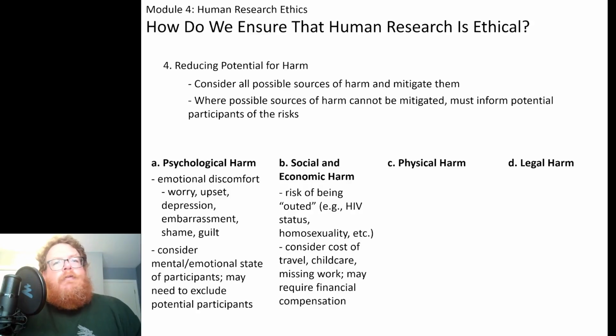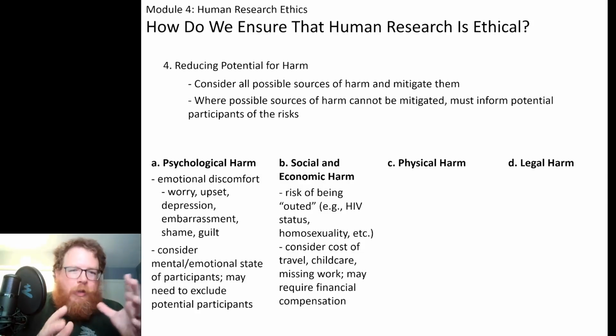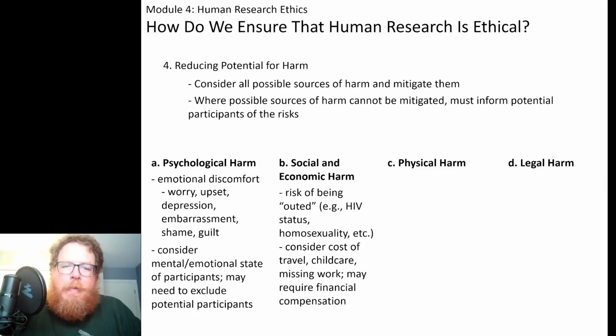But even something as simple as conducting the research at a neutral site, so that the person isn't going into CAMH to do this research and somebody on the street says, "Hey Dave, I saw you going to CAMH the other day. What were you doing in there?" "Oh, I was participating in a study about depression." "Oh, you're depressed, Dave?" You can kind of imagine how we can mitigate that.